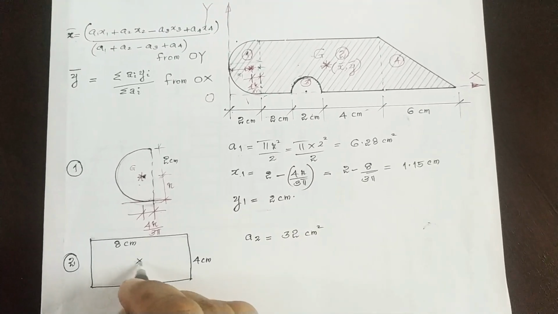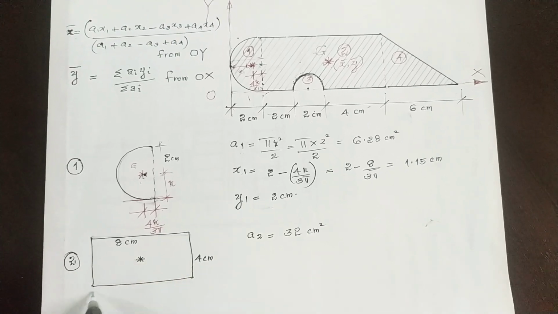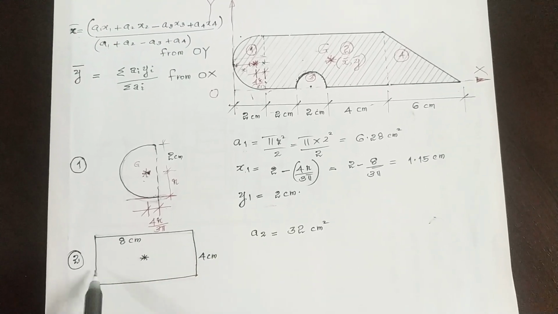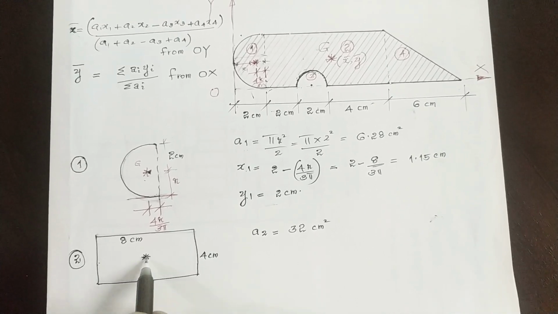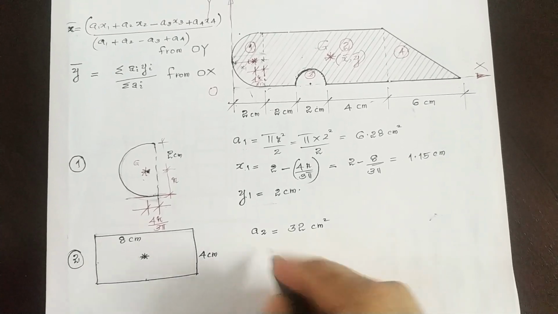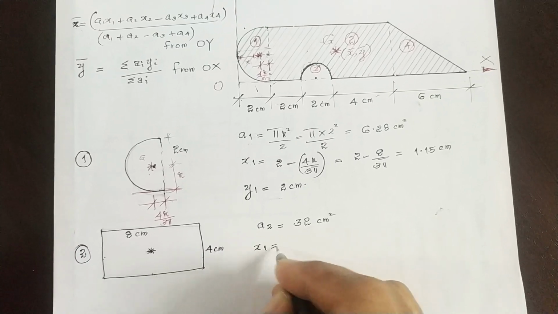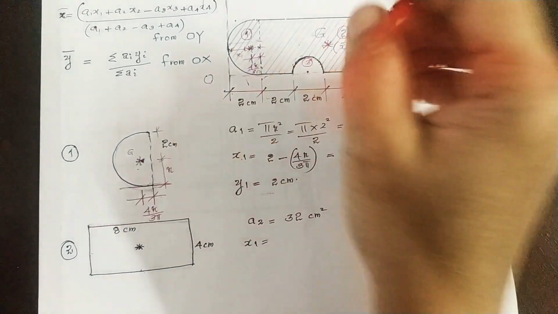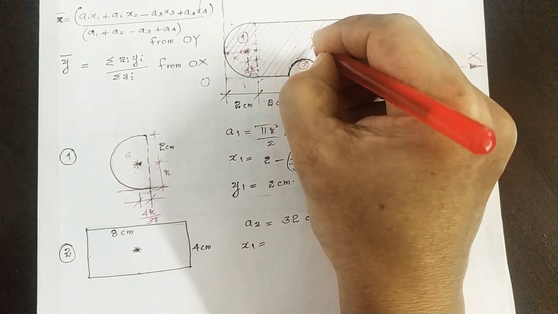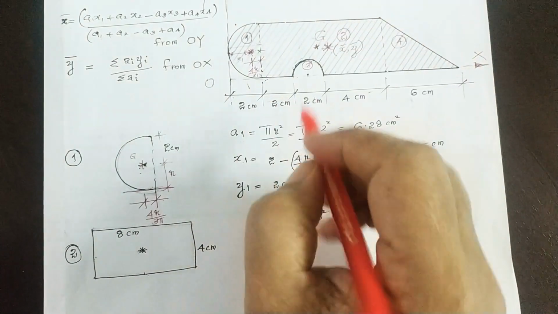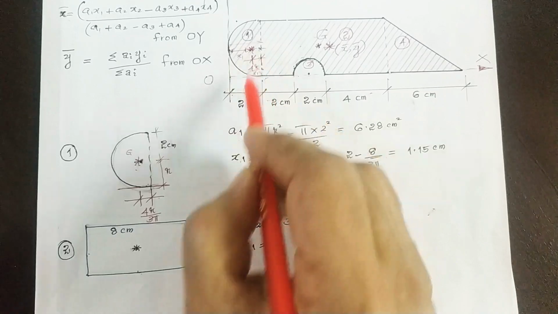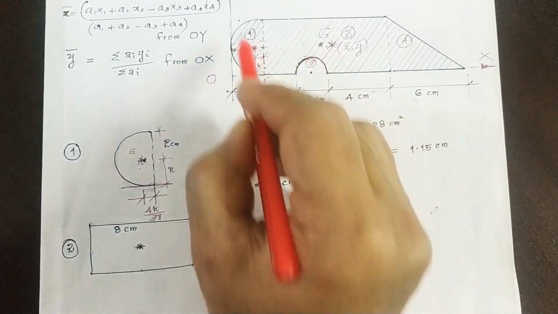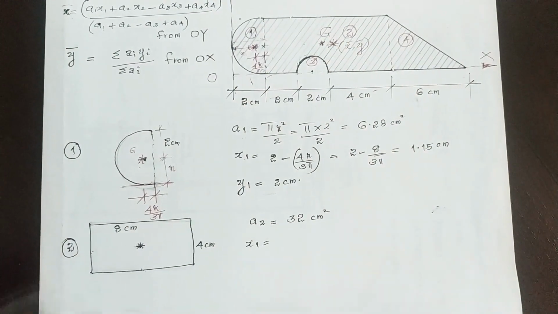Similarly, where's the centroid of the rectangle? At the meeting point of the diagonals, or rather at 4 centimeter from this edge and 2 centimeter from the bottom part. So x2 is, we have the centroid of the rectangle here, and this is 4 centimeter from this edge, or rather 2 plus 4 centimeter from the reference y-axis.